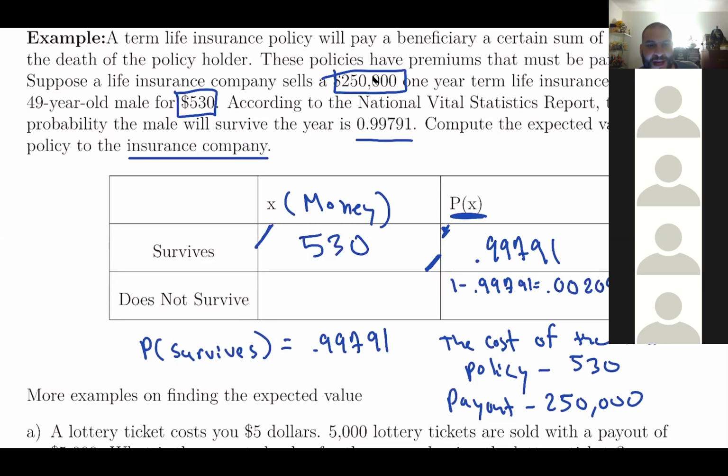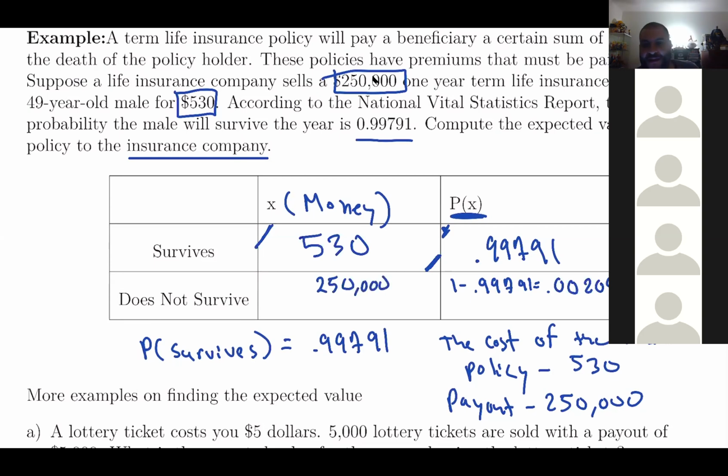So let's go ahead and do does not survive. If this person does not survive, is the insurance company going to get money or are they going to lose money? They're going to lose. How much are they going to lose? $250,000.